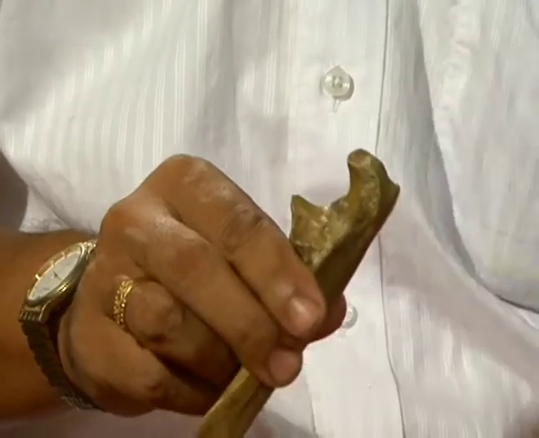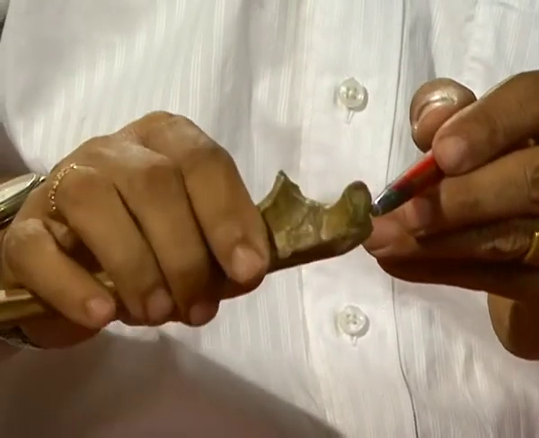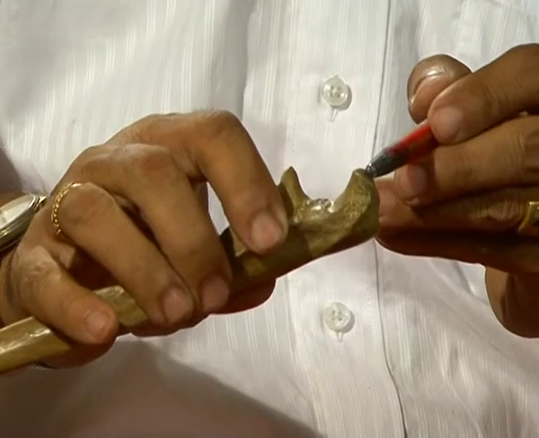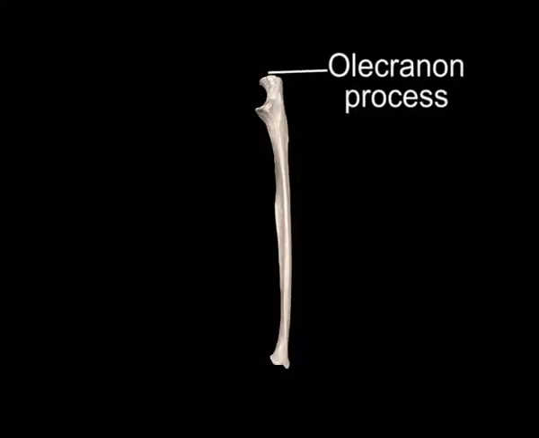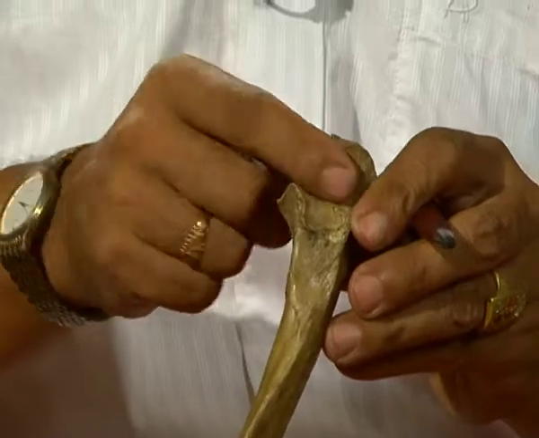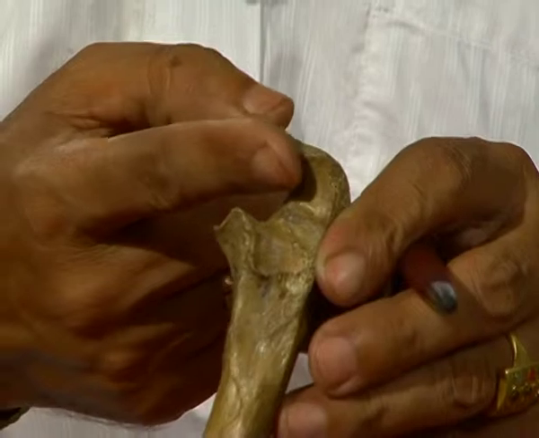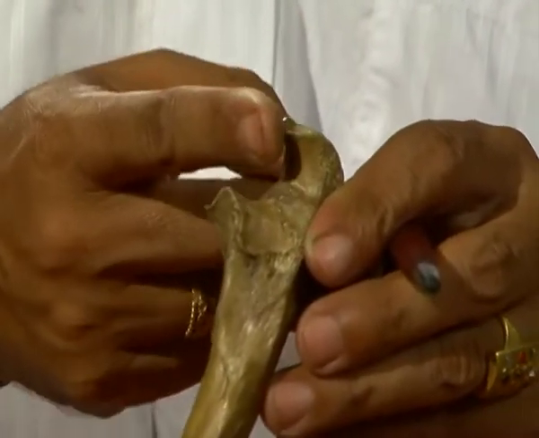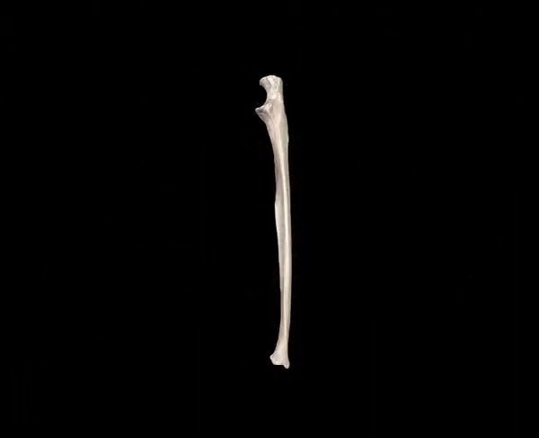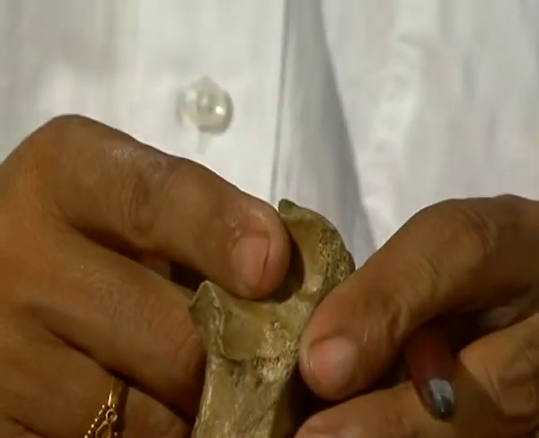One, this curved process, is called the Olecranon process, and underneath this curved process there is an articulatory surface, which we call the greater sigmoid cavity or greater sigmoid notch.